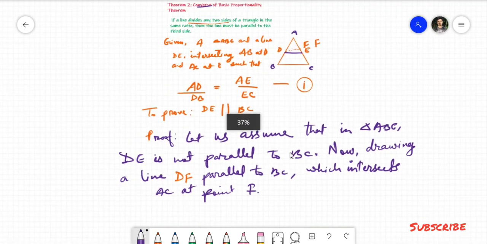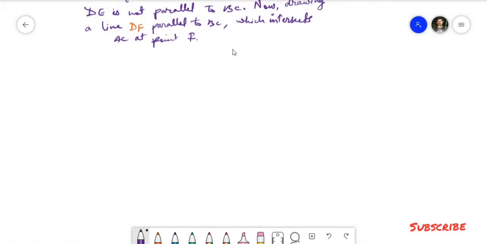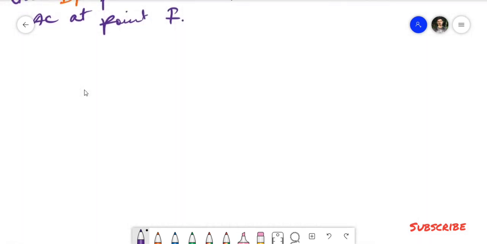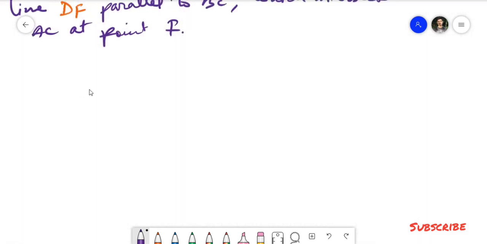Now do the remaining one. After this, we will do one thing. We'll apply the basic proportionality theorem.